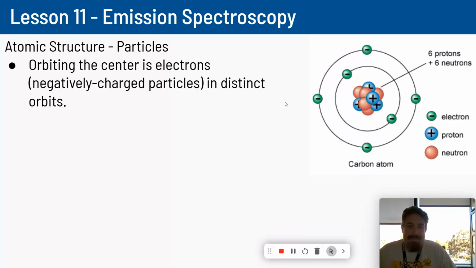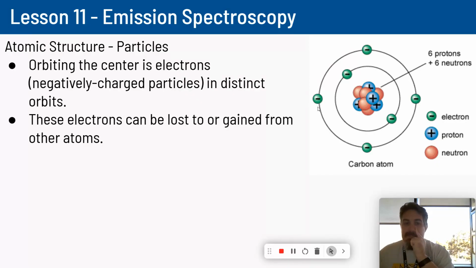Okay, orbiting that center is electrons. These are negatively charged particles in distinct orbits. They have distinct spots they hang out in. They can't hang out just anywhere. You can see it shown here as these circles. Now, electrons can be lost to or gained from other atoms. Atoms can share or pass around electrons.